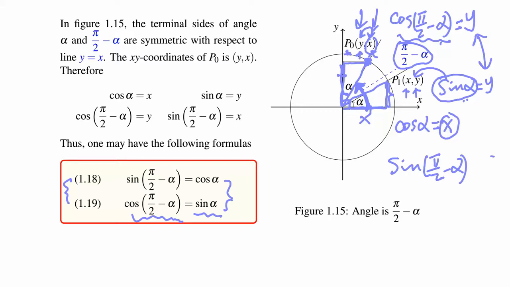So then you will have sine pi over 2 minus alpha equals cosine alpha. So that will be this formula. Okay, sine pi over 2 minus alpha is cosine alpha. So that's easy to remember.